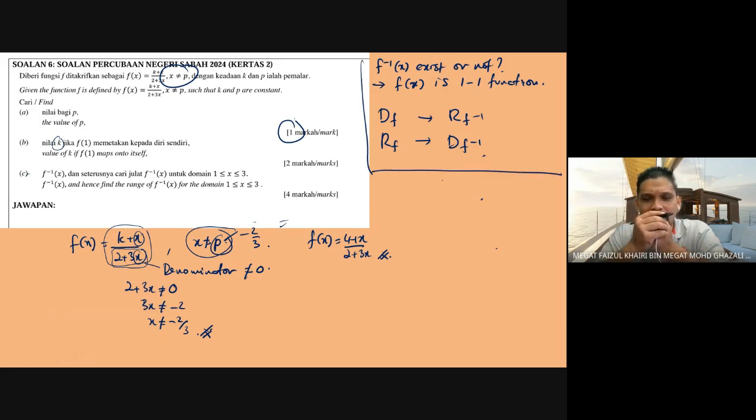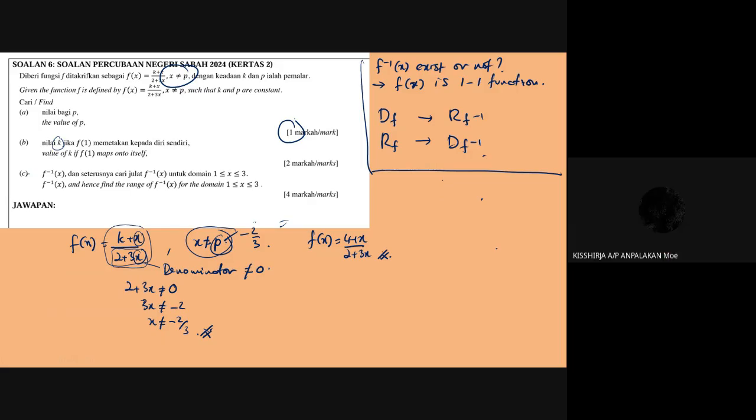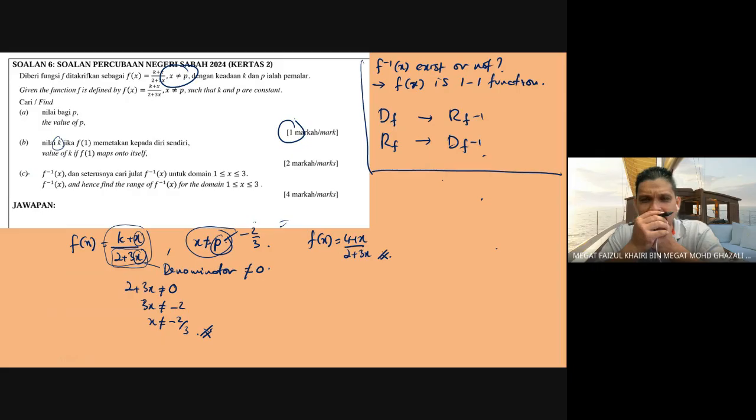Do you have this in your syllabus or lecture notes? Yes. Okay, please find it in your textbooks or some other reference book. So when f(x) is a one-to-one function, then the f inverse exists. The domain of f is the range of f inverse, and the range of f is the domain of f inverse.